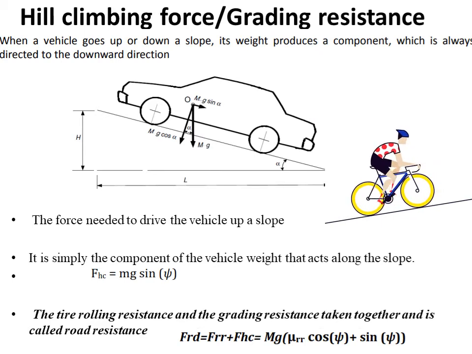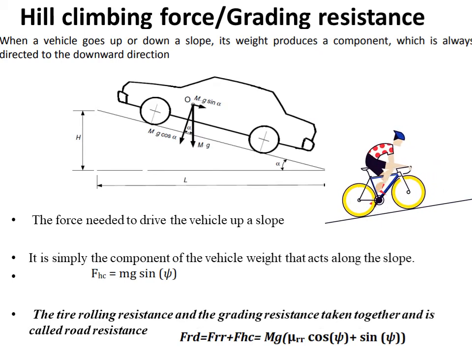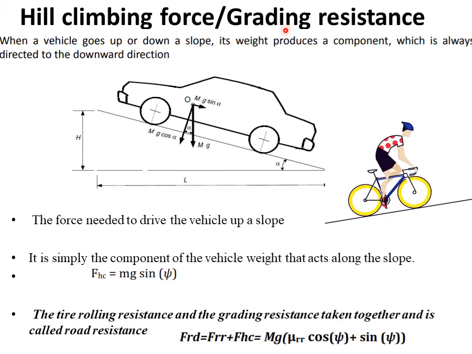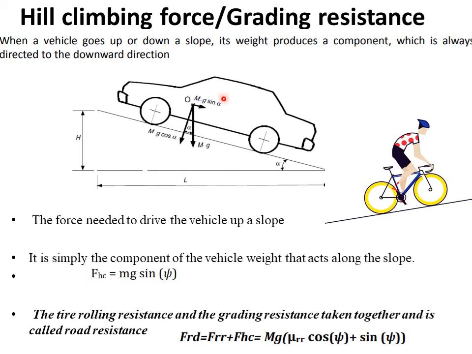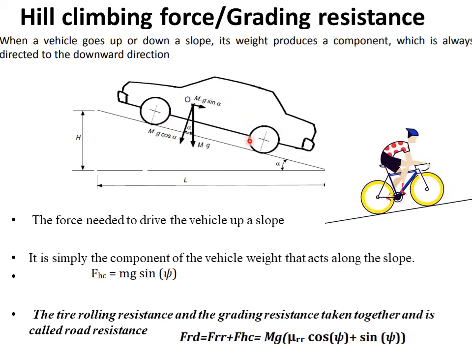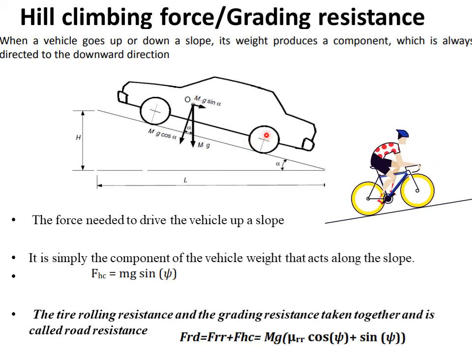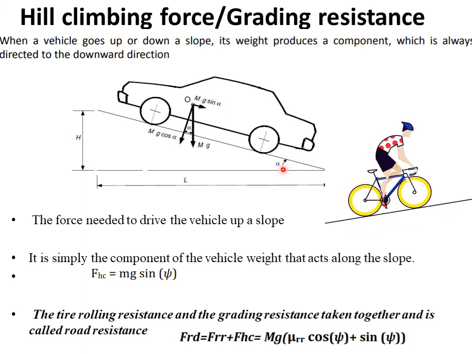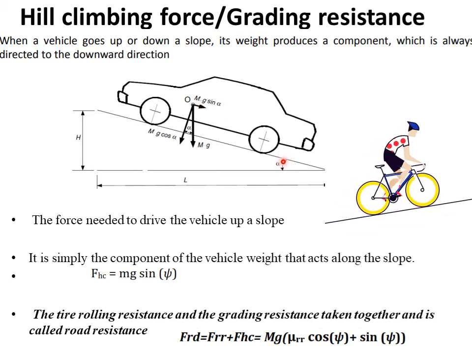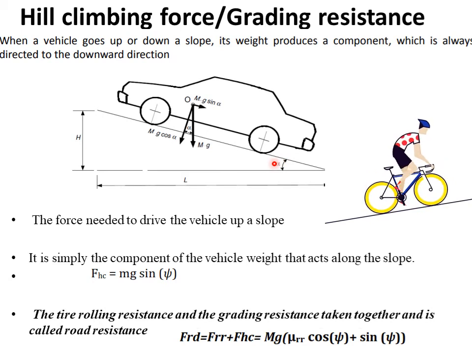Now next comes the third type of resistive force, which is called the hill climbing force or the grading resistance. As I told, this happens when the vehicle is moving on an inclined surface. So consider a vehicle having a weight mg moving on an inclined surface, where alpha is the angle of inclination.